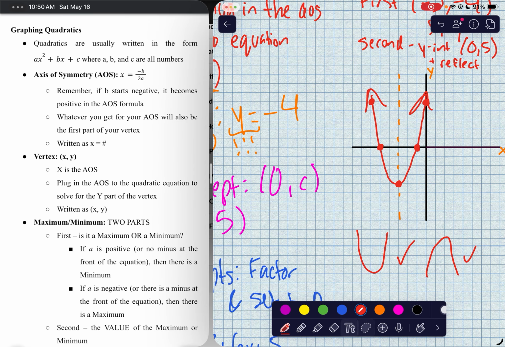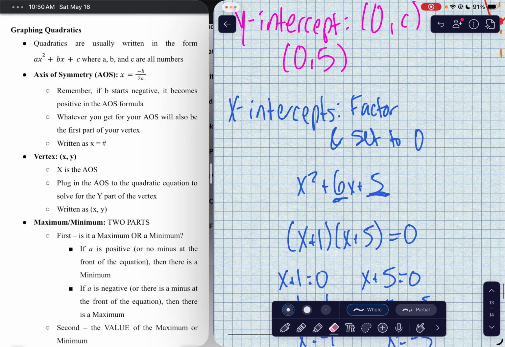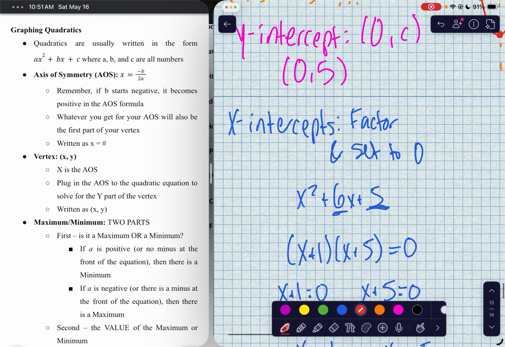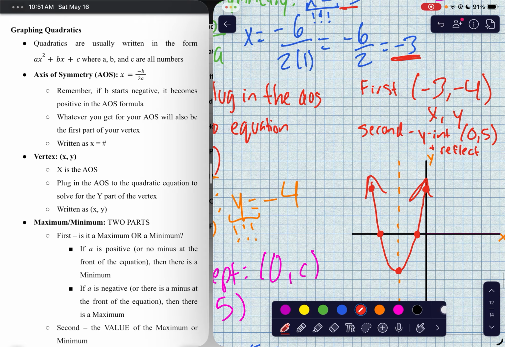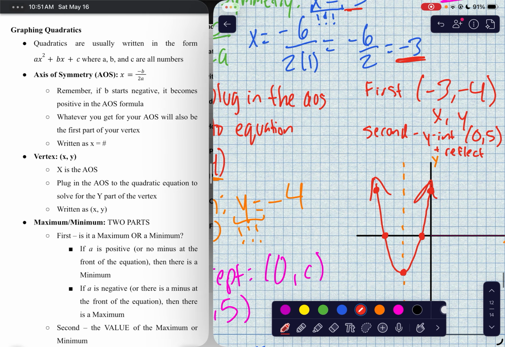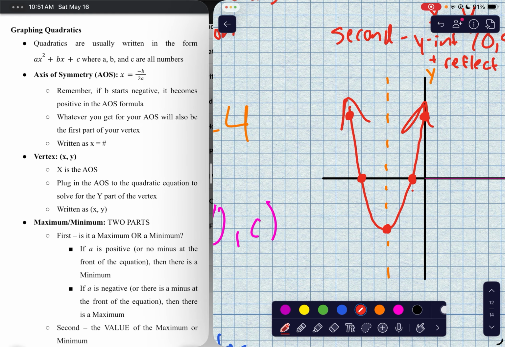Now, let's also talk about what if we can't find the x-intercepts, because remember, we only find the x-intercepts if we can factor, right? If it's factorable. So I'll tell you right now, on your test, 1 will be factorable, but 1 will not be. So if we can't factor, then what we need to do is instead plug in a number for x in between our vertex right here and our y-intercept here, right?